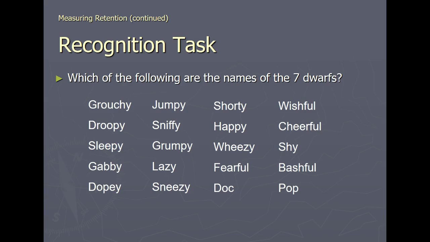I can change this task with Snow White and the Seven Dwarfs to a recognition task. When I do this in class, most students can complete their list of 7 dwarfs once they have the chance to see a bunch of names. They generally will recognize the ones that they couldn't recall.